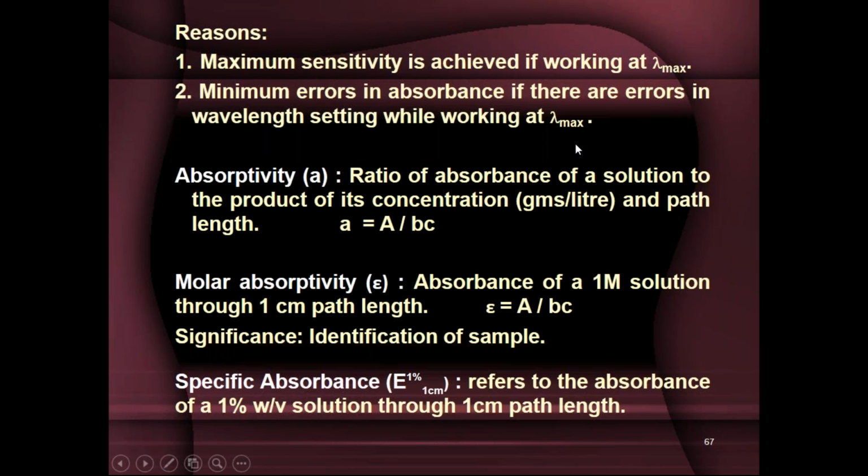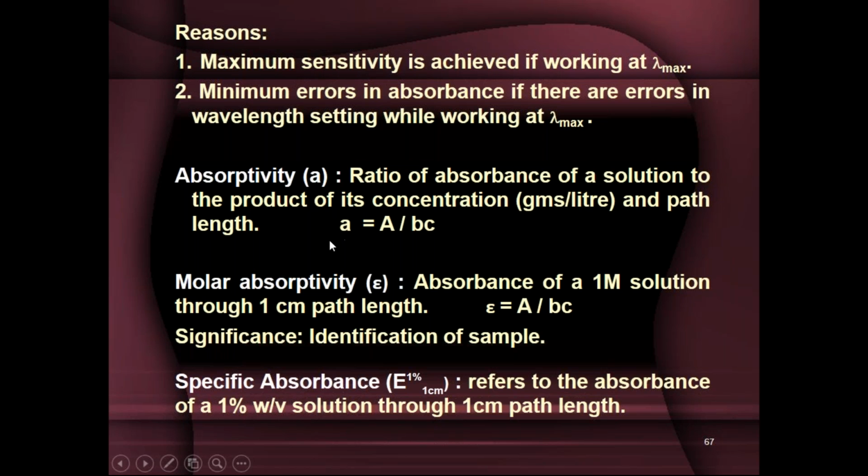What is the significance of lambda max in quantitative measurements? Then you have another term called absorptivity. It is denoted by small a. It is the ratio of absorbance of a solution to the product of its concentration in grams per liter and path length.